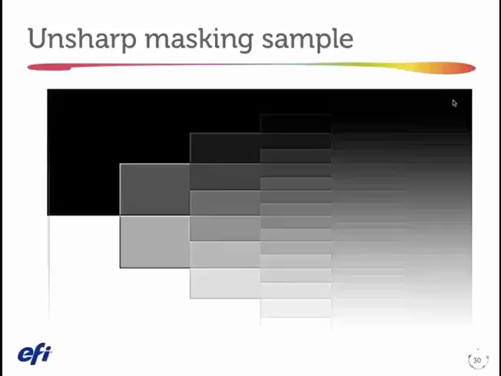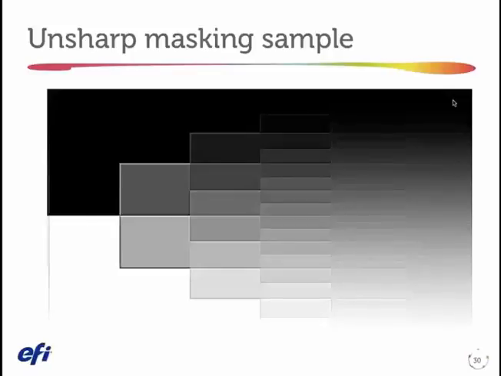Usually I use just a couple of pixels. I made this extra wide so you can see it. And I'll go back and forth. We see that Unsharp masking gives greater edge enhancement where there is greater contrast and lesser edge enhancement where there's lesser contrast. So this helps us to keep the photograph looking natural.